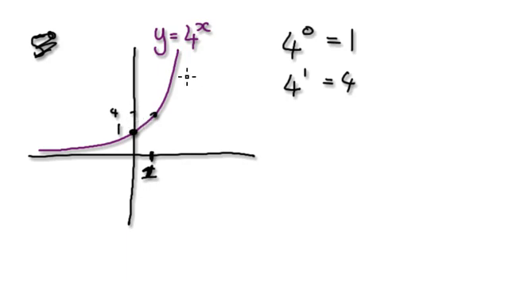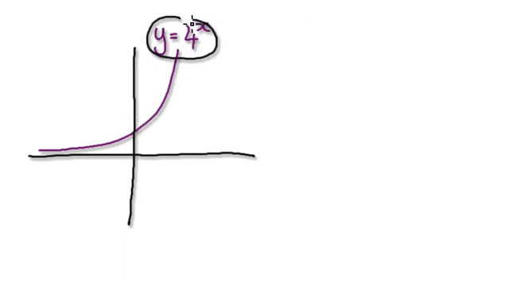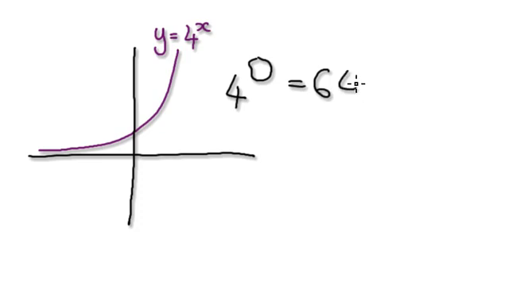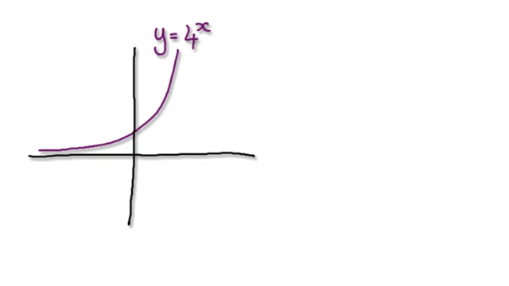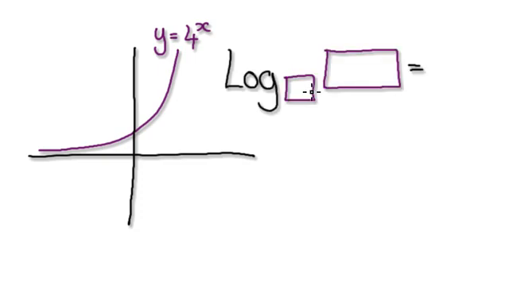So anyway, now my question here is, 4 to the power of what will give me 64. That's what I want to know here. But the way I would write it would be this. Log, remember the 4, this is the base here.